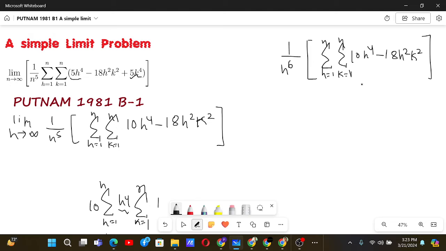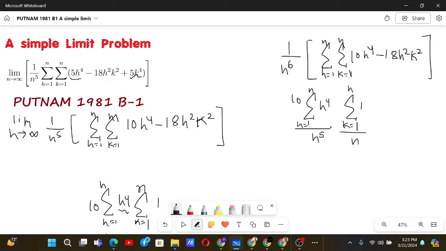For solving this, we basically will have 10 times the sum of s to the power 4 from 1 to n, by, I can write this as n by n to the power 5, and then again the sum going from k equals 1 to n, and then 1 by n.